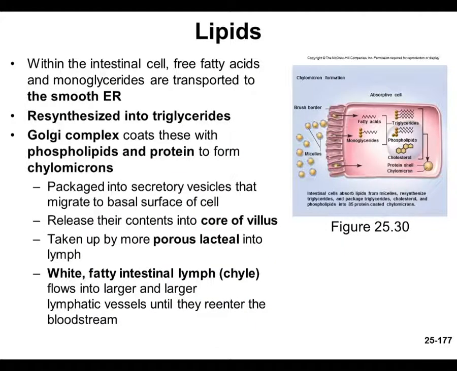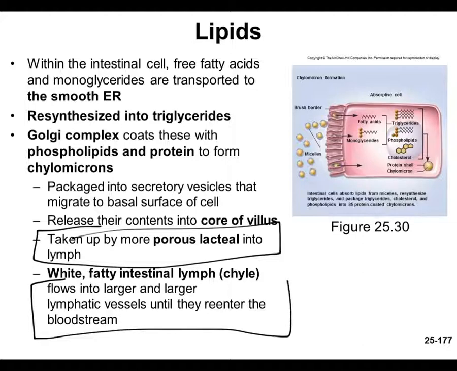All I want you to realize here is that fats are going to be taken up by these lacteals. Lacteals are these lymphatic structures lining your intestines, and they have larger openings than your blood vessels. And so the larger fat, these little micelles, these clusters of bile acids, lecithin, and fats are going to be absorbed into the lymphatic vessels.